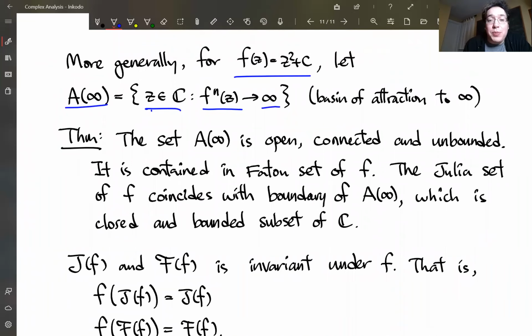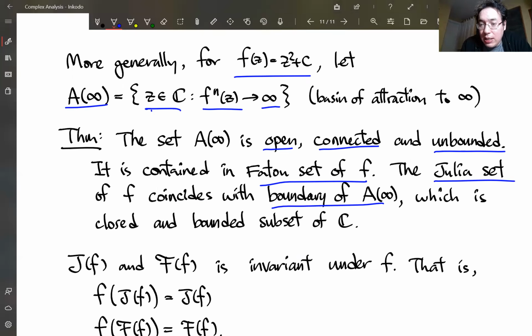Here's a theorem. The basin of attraction to infinity is open, it's connected, and it's unbounded. And it is contained in the Fatou set of f just by definition, because the Fatou set contains all these domains of attraction. And the Julia set of f coincides with the boundary of this, which is also the definition.